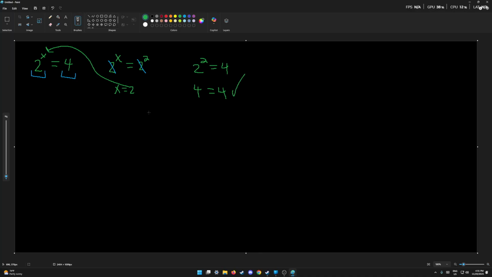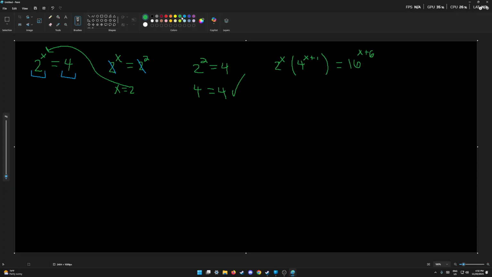Okay, so now there's going to be ones with more complex solutions. So let's say I have 2 to the x times, we'll say 4 to the x plus 1, and we're going to say that equals 16 to the x plus 6.